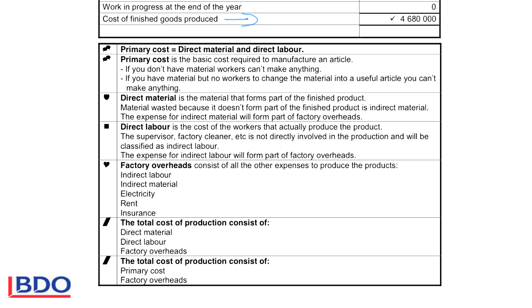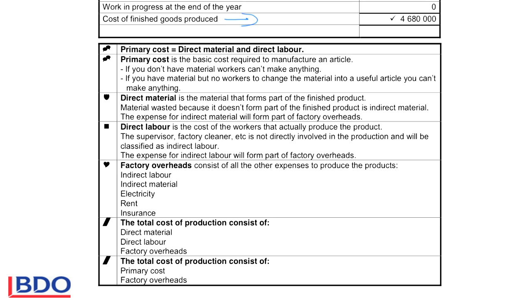Indirect labor is other people that's also used in the manufacturing process, but they are not responsible to produce the articles. Factory overheads consist of indirect labor, indirect material, and any other expenses that must be paid to produce articles.